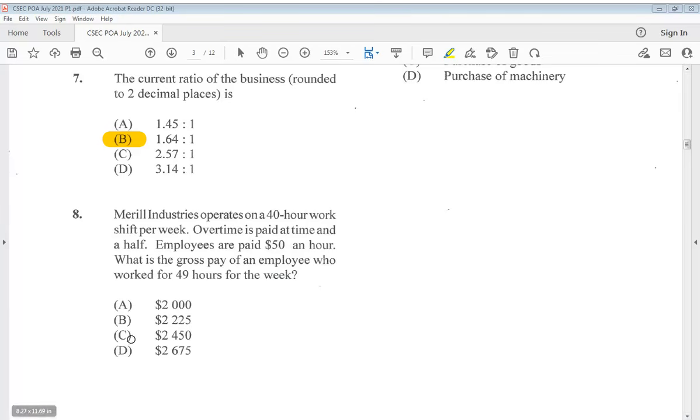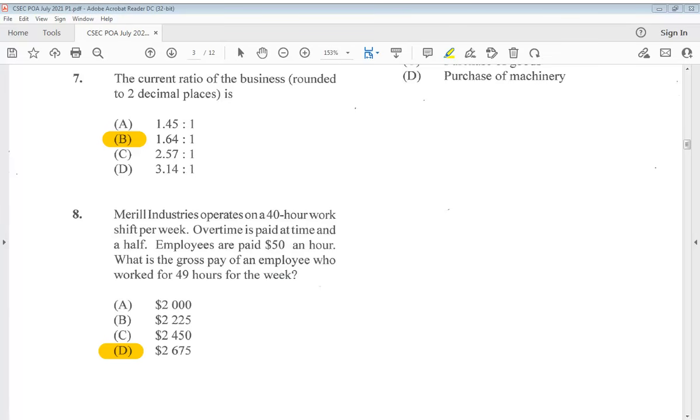And that would give us $2,675. So the weekly wage or the basic wage, that's how we calculate it, hours times the rate, and then we would add the overtime to that figure.